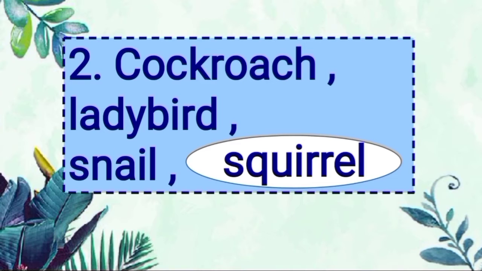Here cockroach, ladybird, and snail are animals without backbones, which means they are invertebrates. But the fourth word, squirrel, is an animal with a backbone. So the fourth is different from the first three words, so we have to circle squirrel.